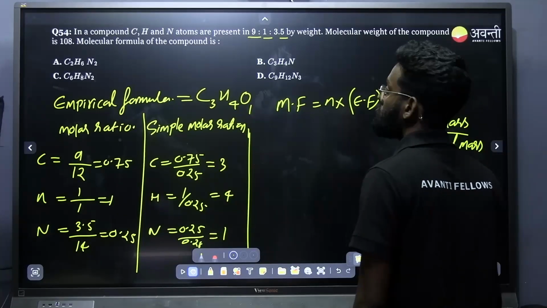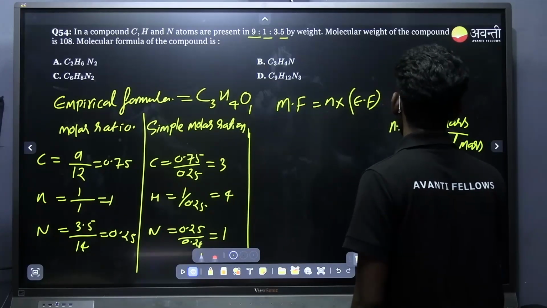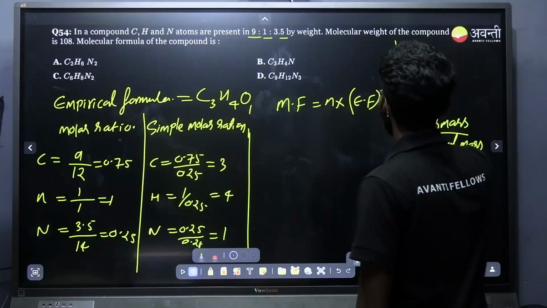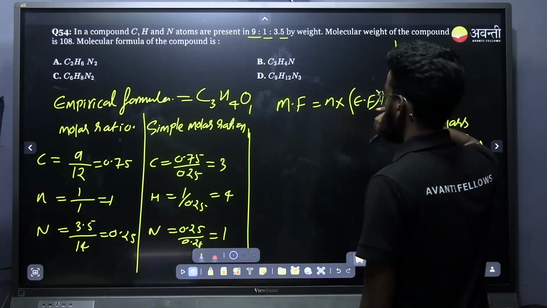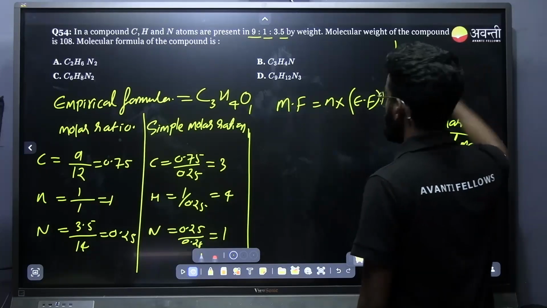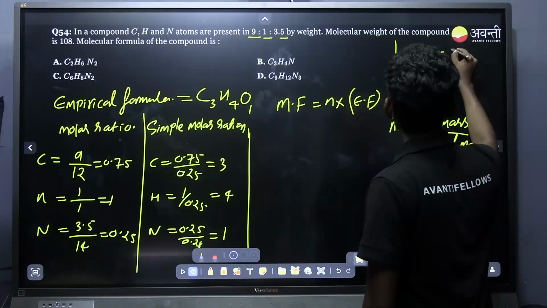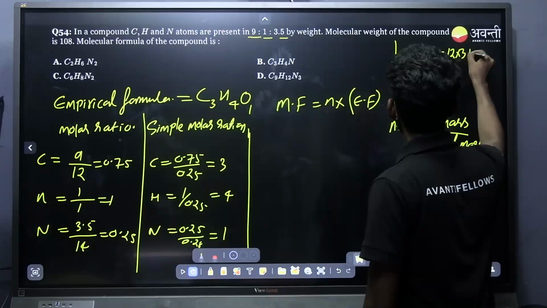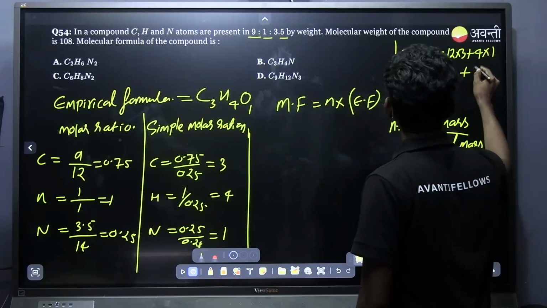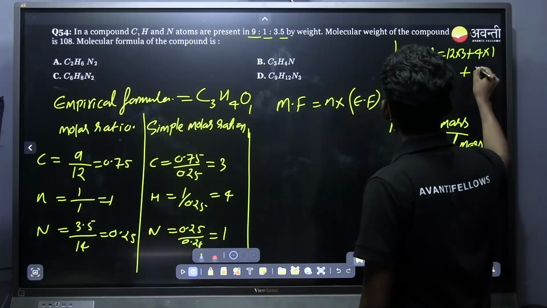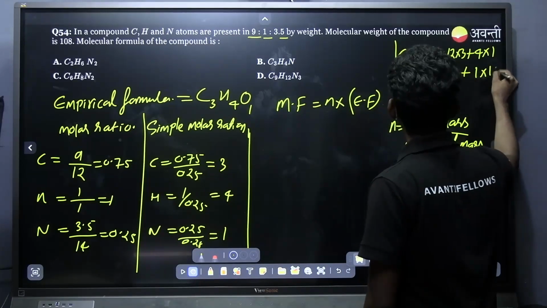What is the molar mass? 108, divided by the empirical formula mass. What is the empirical formula mass? How many carbon? 3 carbon. 12 into 3 plus 4 into 1 plus 1 into 14.